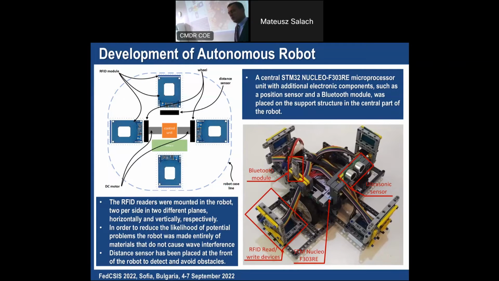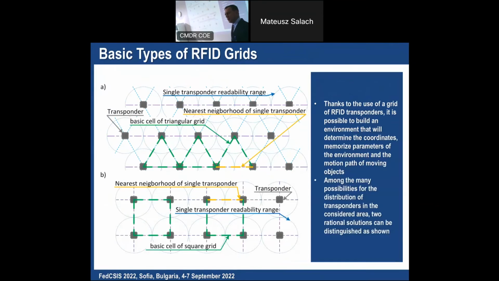The other aspect that we are researching is related to the structure of the transponders. They create a grid, and the pattern that the grid forms may be different.